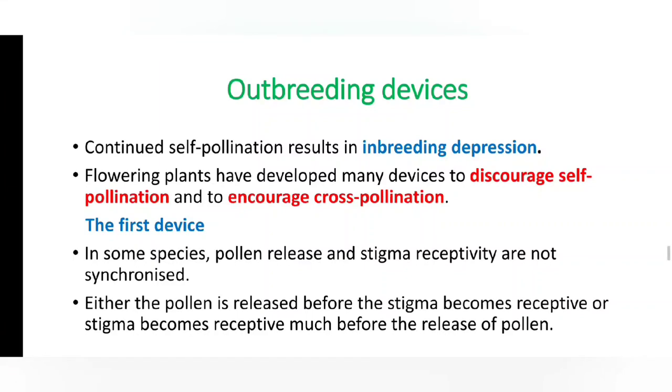Then outbreeding devices. What is meant by outbreeding devices? The adaptations followed by some flowers to stop or prevent self-pollination are called outbreeding devices. Why do they want to stop self-pollination?